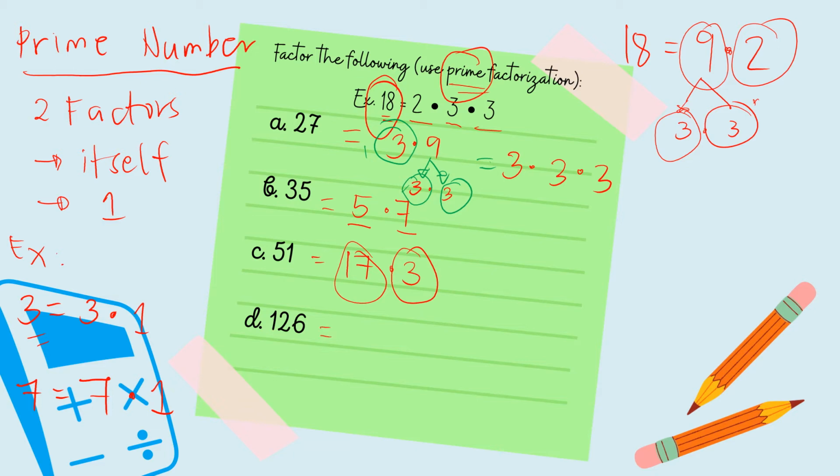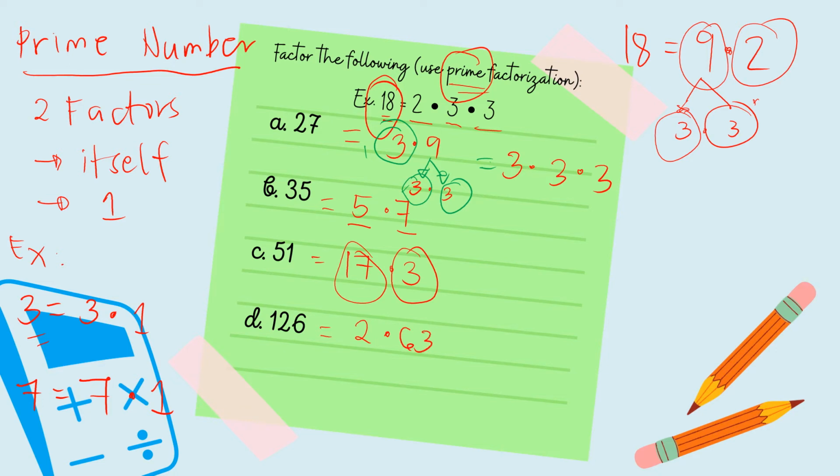And how about 126? So, what are the factors of 126? Pwede muna nating hatiin to sa dalawa, no? So, magiging 2 times 63.